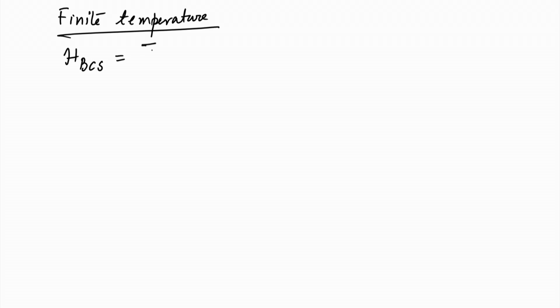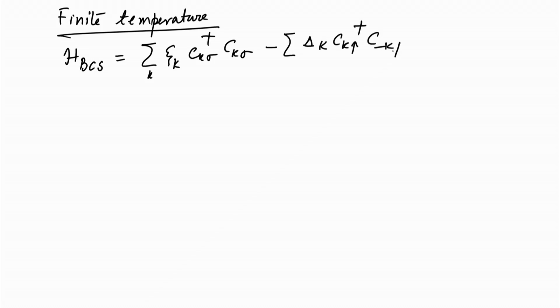This is equal to the sum of psi k C k sigma dagger C k sigma, and in the mean field picture we have minus delta k C k up dagger C minus k down dagger plus delta k star C minus k down C k up.